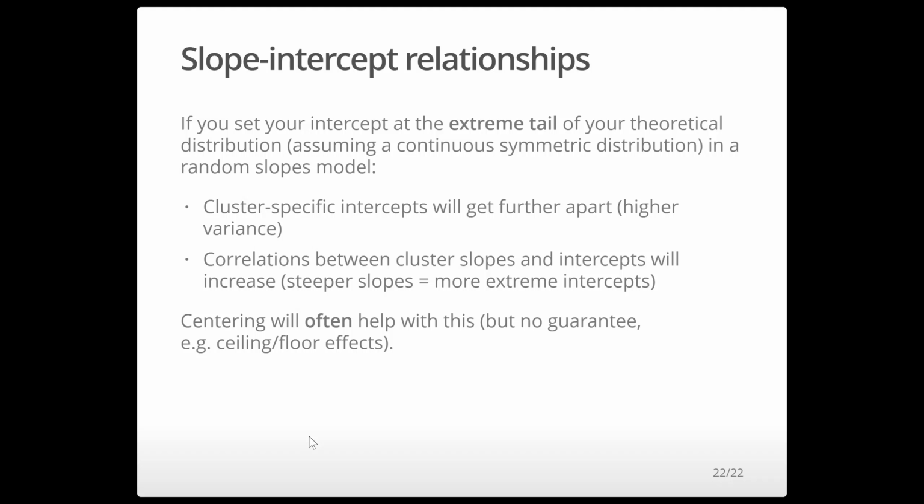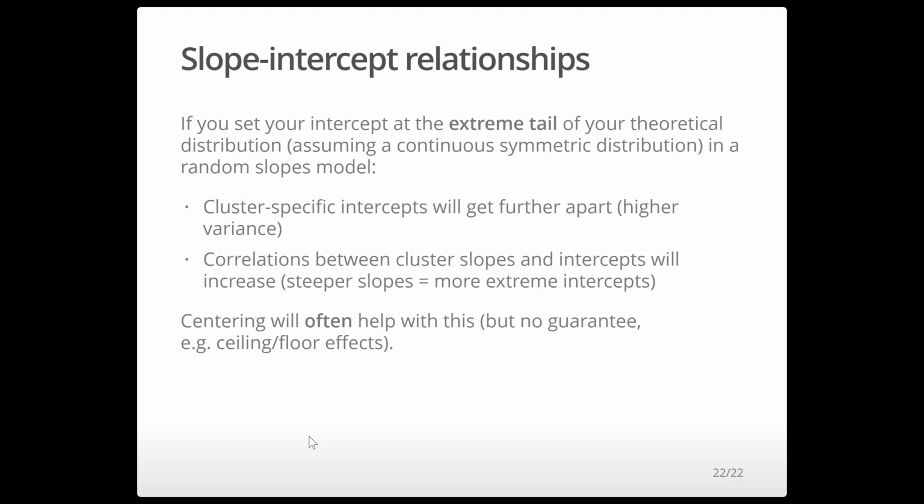So the idea of what's going on here is that if you set your intercept at the extreme tail of your theoretical distribution, and this is assuming a continuous and symmetric distribution in a random slopes model, the cluster-specific intercepts are going to get further apart.